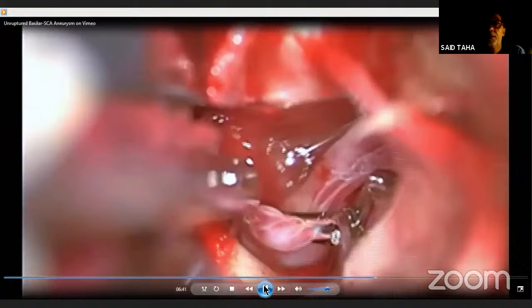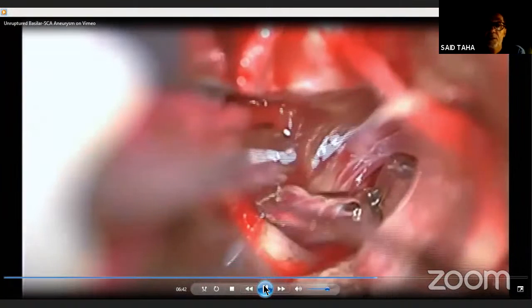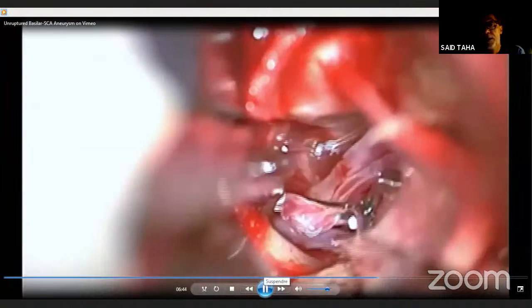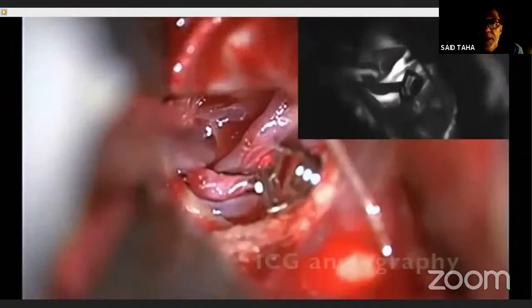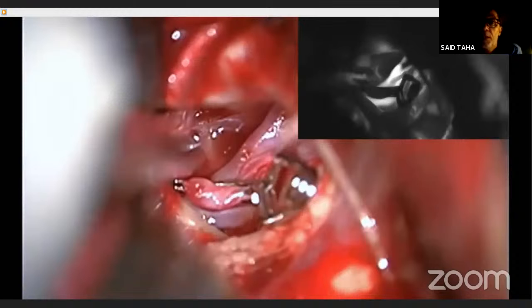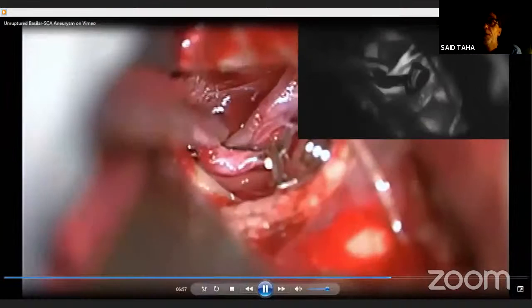And he removed the clip. All basilar artery aneurysm is done this way by Professor Hernesniemi. And he has, I don't know how many aneurysms by this way.